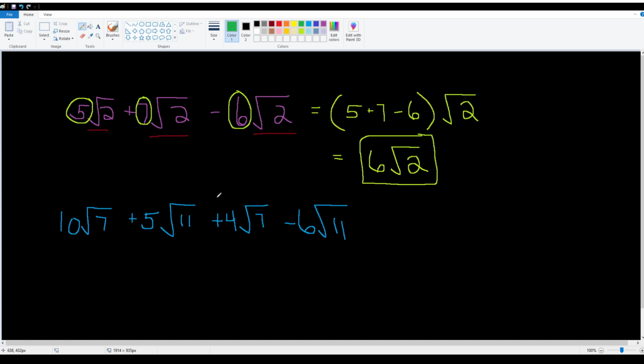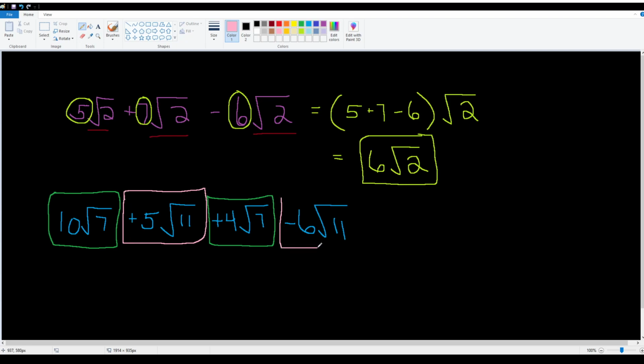So remember, you can only combine radicals that share the same radicand. So here, if I look, this radical 7 and this radical 7, I can combine these two terms together. Same for my radical 11s. I can combine these two terms together.